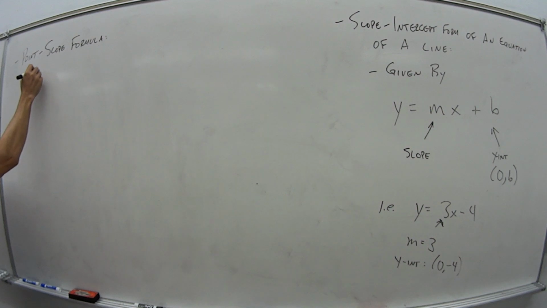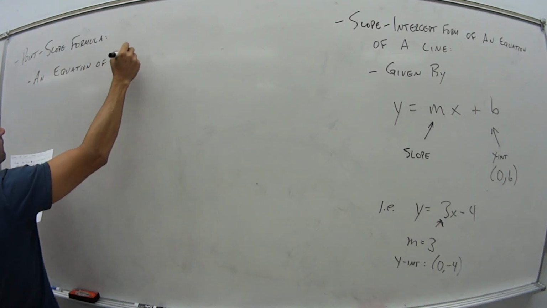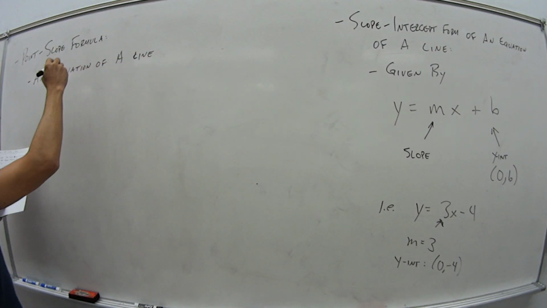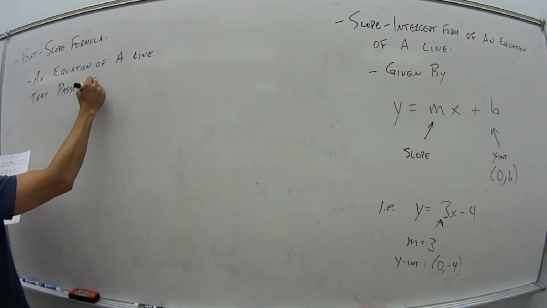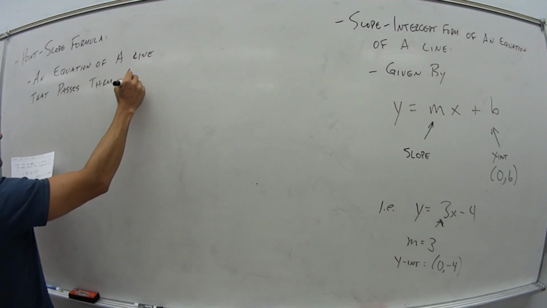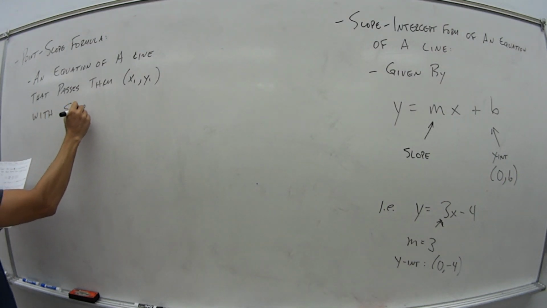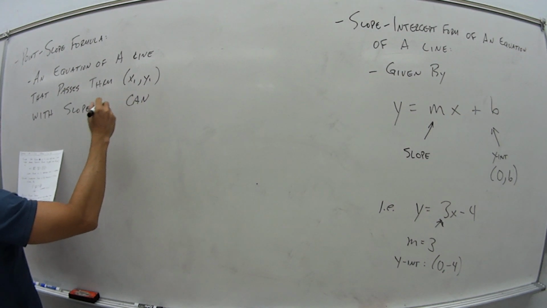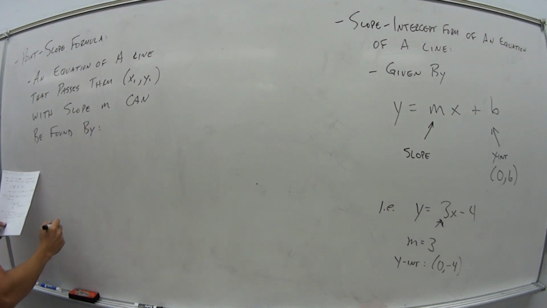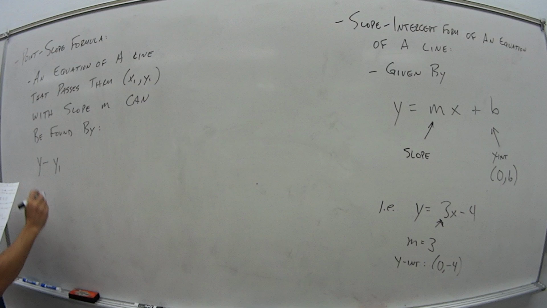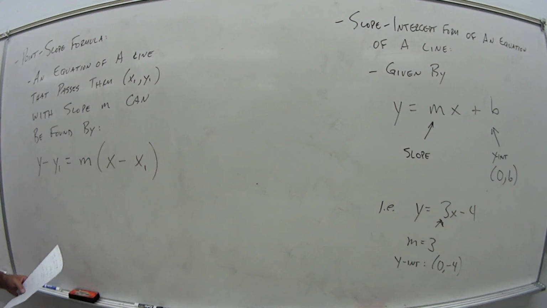That says that an equation of a line that passes through the point x1, y1 with slope m can be found by y minus y1 equals m times the quantity x minus x1.